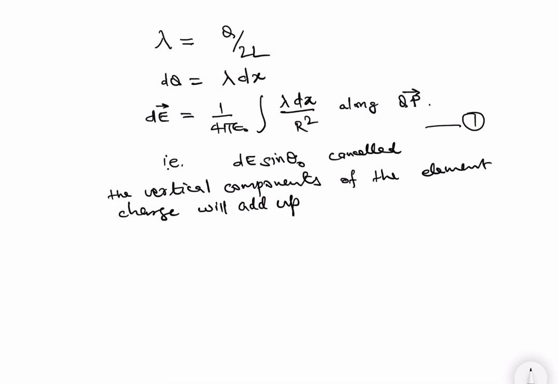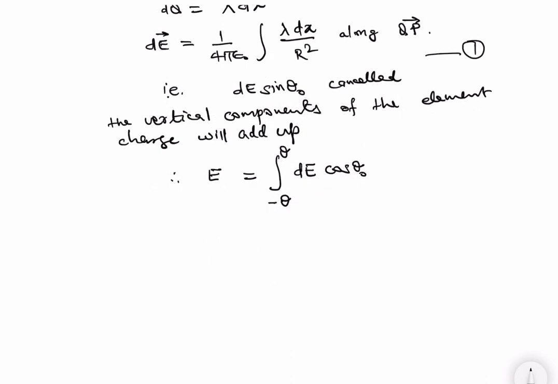Therefore, the total electric field may be given by E is equal to integral dE cos theta naught, and this varies from minus theta to theta, and this will be along unit vector n, that is, the OP direction.